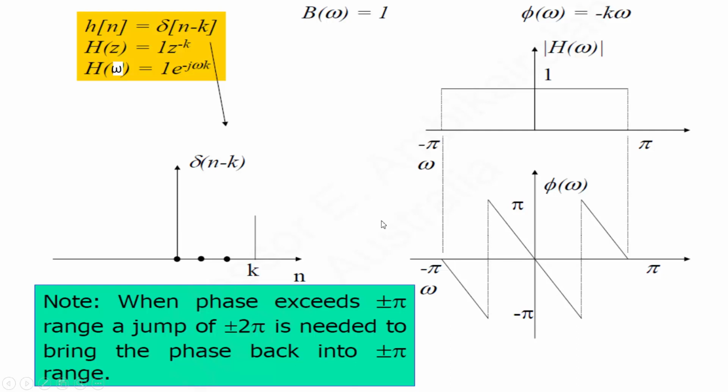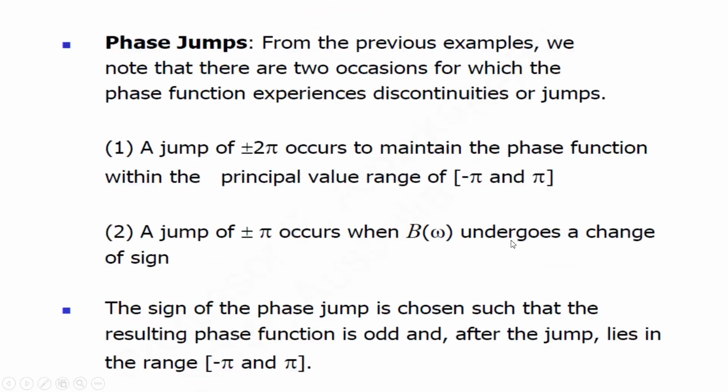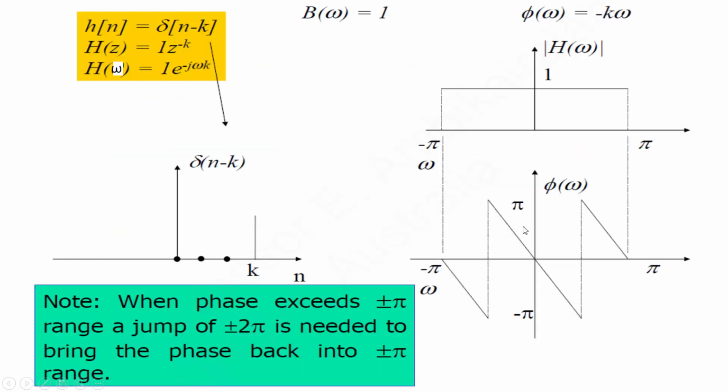That means it will wrap around, and from pi it will come to minus pi. So when the phase exceeds the plus minus pi range, a jump of plus minus 2 pi is needed to bring the phase back into the plus minus pi range, so this value comes here, and again the phase starts along this side.